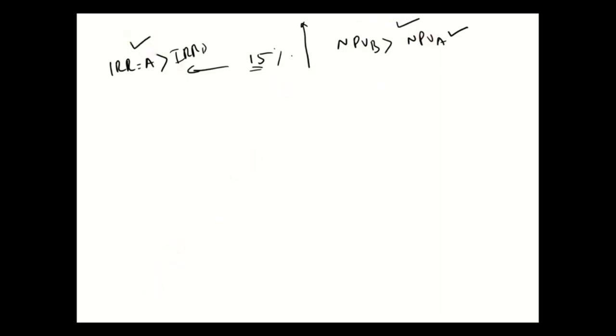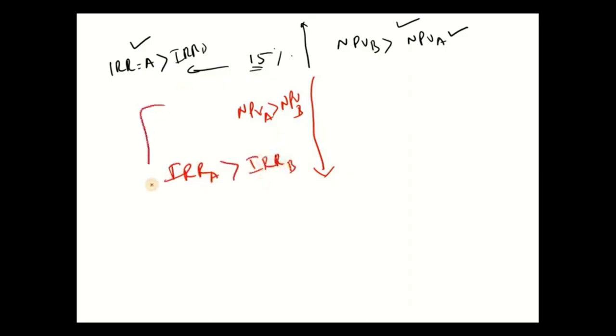But after 15%, if you see, NPV of A is higher than NPV of B. Also IRR of A is higher than IRR of B, right?